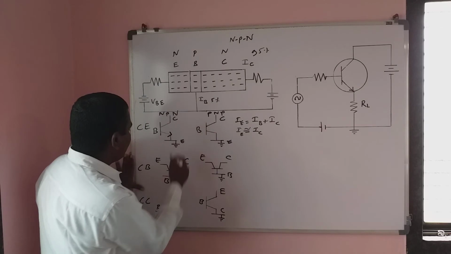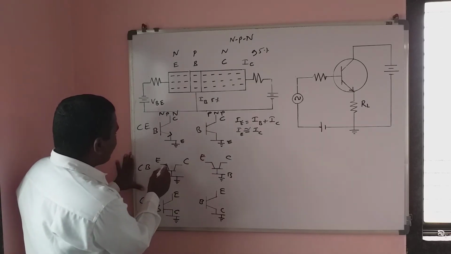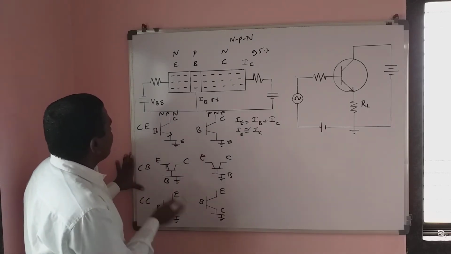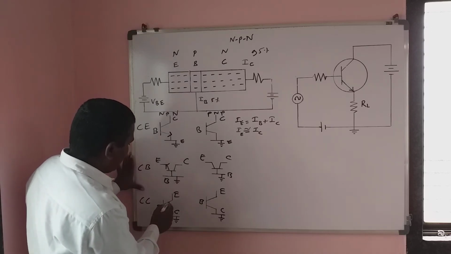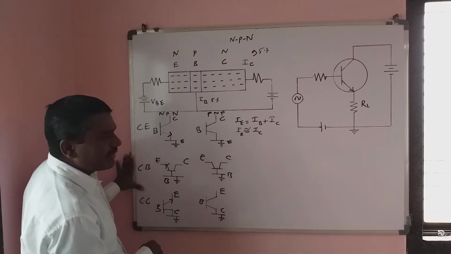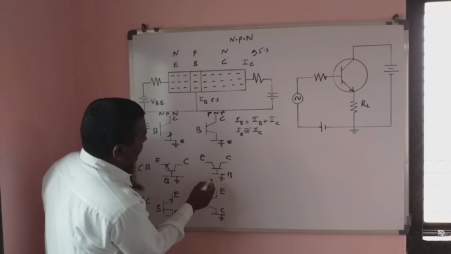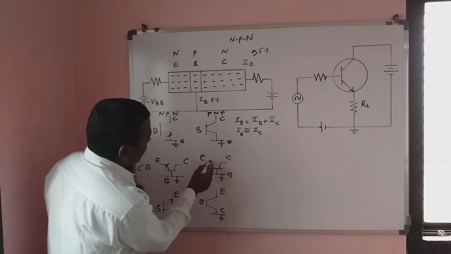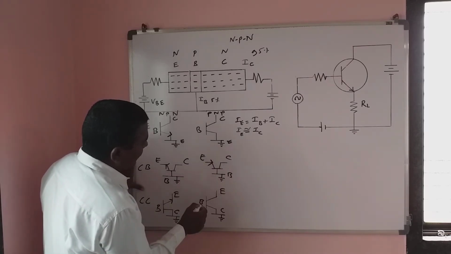If we consider the NPN transistor, the arrow goes away from the base towards the emitter. Here also, where there is the emitter, the arrow goes away. If we consider the PNP transistor, the arrow goes towards it, so we write the arrow in this way.